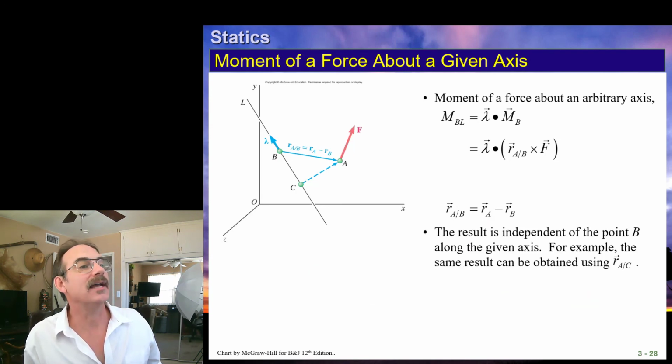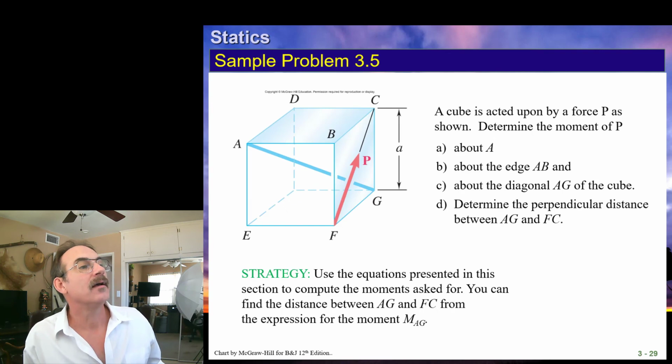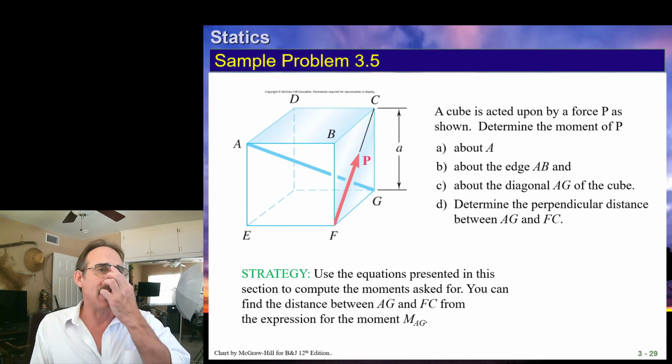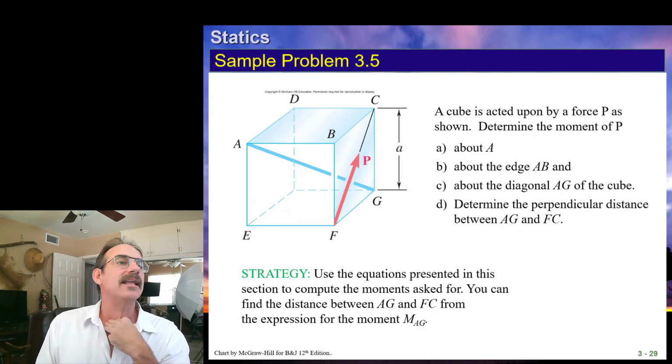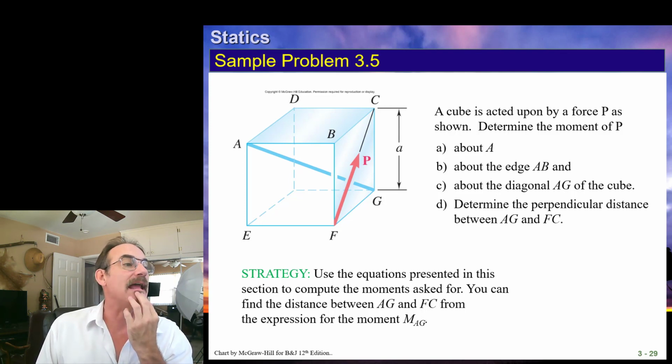Let's see what we say on the slide to support these ideas. Okay? Here's a little example. We have a cube with a force acting. Determine the moment of that force about point A. So we're going to need a position vector. We can just choose AF, that would be fine.